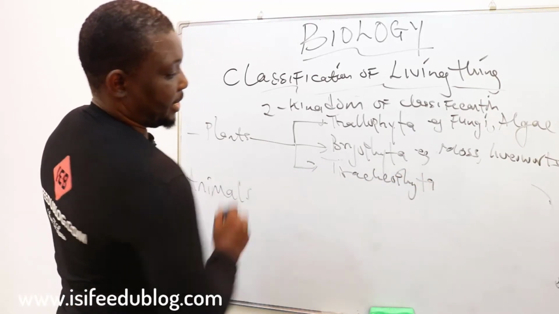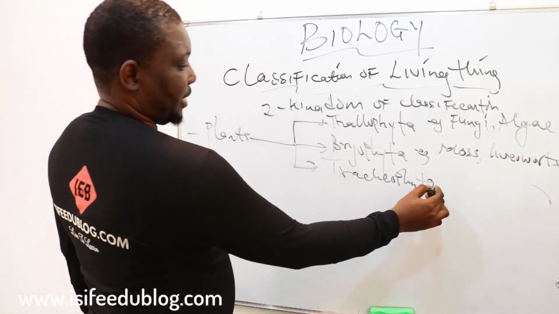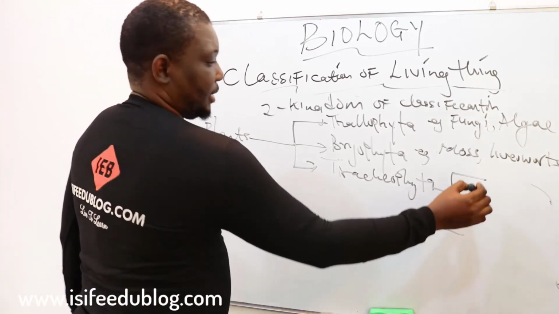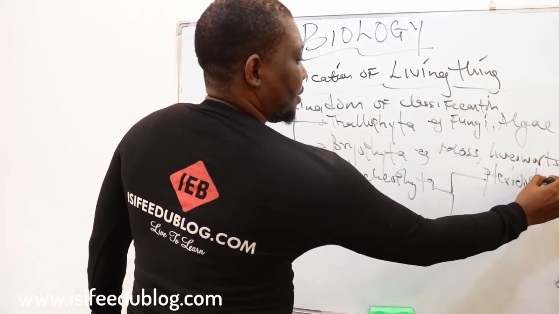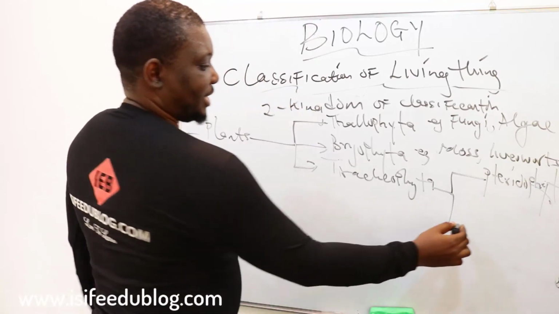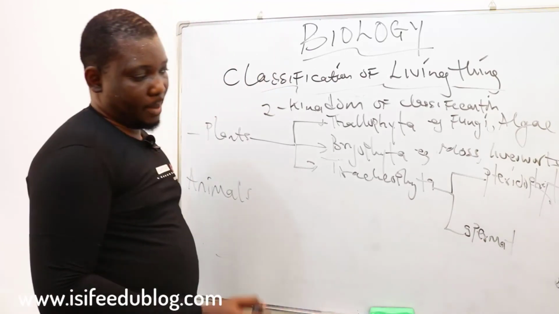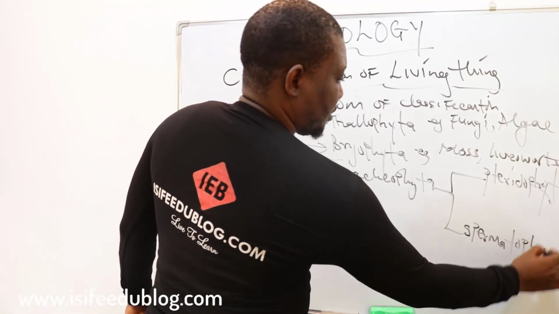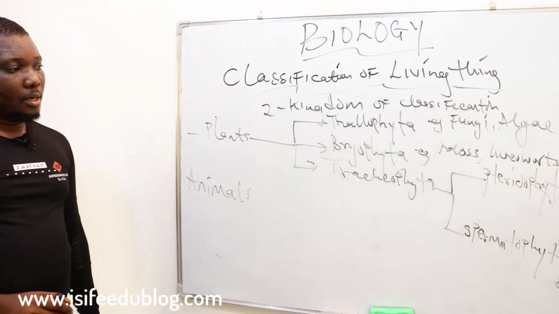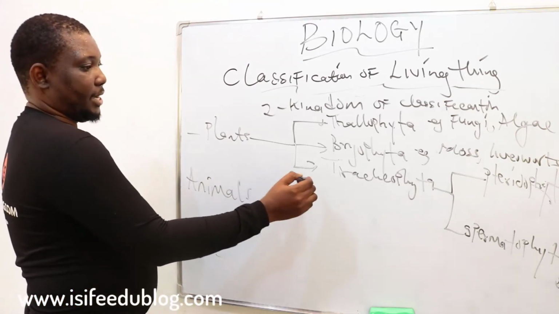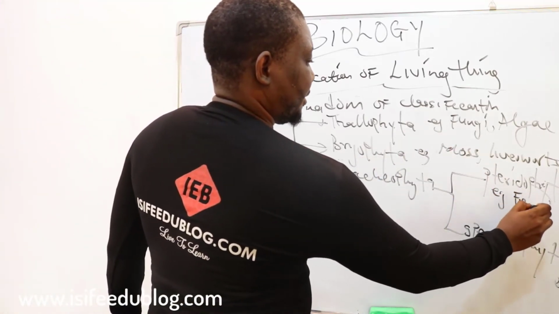The word Tracheophyta here means vascular plants. There are 2 groups or 2 classes of Tracheophytes, which are the Pteridophytes and the Spermatophyta. As examples of these Pteridophytes, we have ferns.